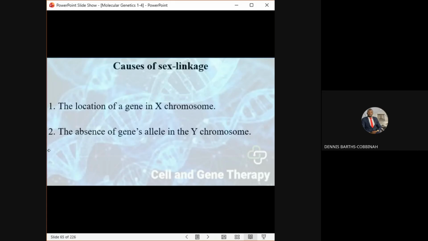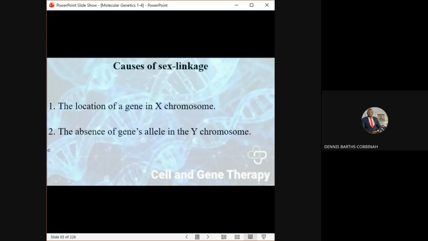So the location of a gene in the X chromosome plays a role as far as linkage is concerned, or inheritance of X-linked characteristics is concerned. Then number two, you have absence of gene alleles in the Y chromosome, like we have been mentioning.